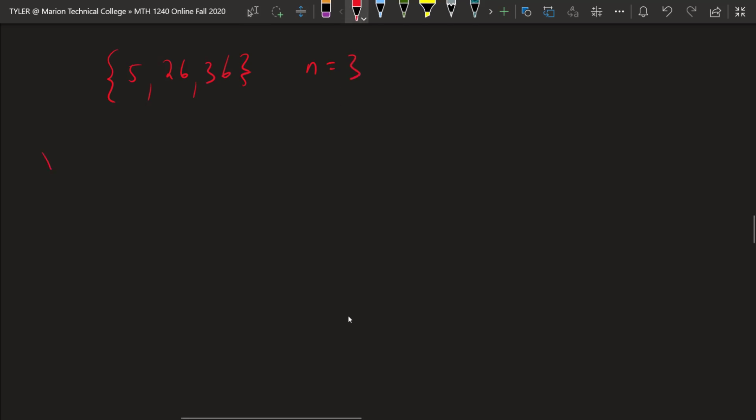I know that the sample mean x bar is equal to the sum of the x sub i's divided by little n, and I know the sample standard deviation is s, which is equal to the square root of the sum, sigma, of the x sub i's minus the sample mean, quantity squared, divided by n minus 1, right? So those are the pieces of information I need.